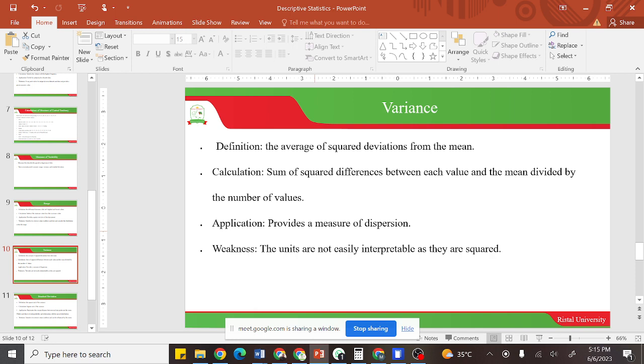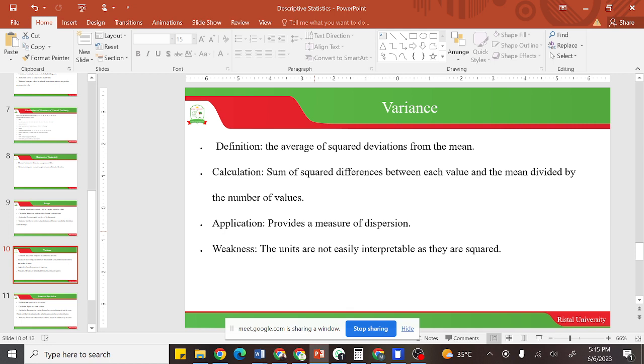So the variance is the average of the squared deviations from the mean. This means that you have 10 students with different scores, and you calculate the average score for that particular exam.